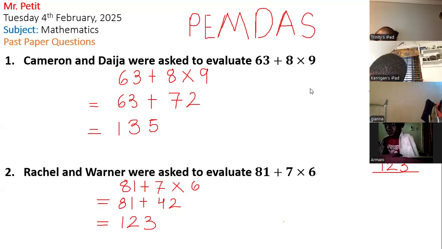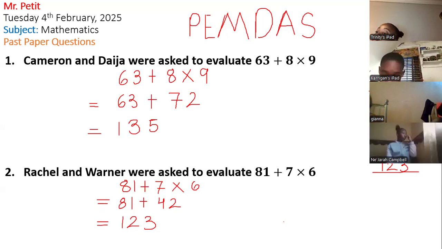For those of you who are new to this class, like Armani and Corrigan, my number is 426-8891. Ask your mommy to use a phone to take a picture of your work. Madeline, take a picture of your work and send it to me via WhatsApp.